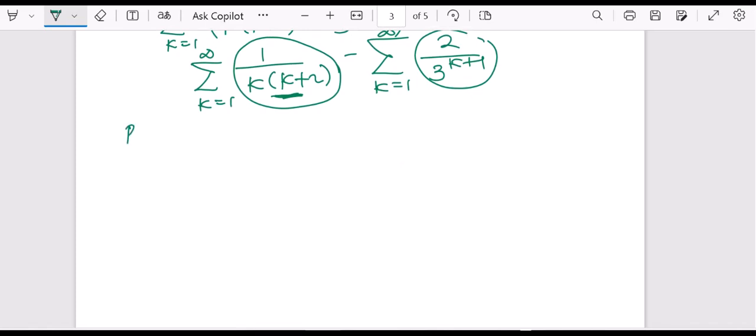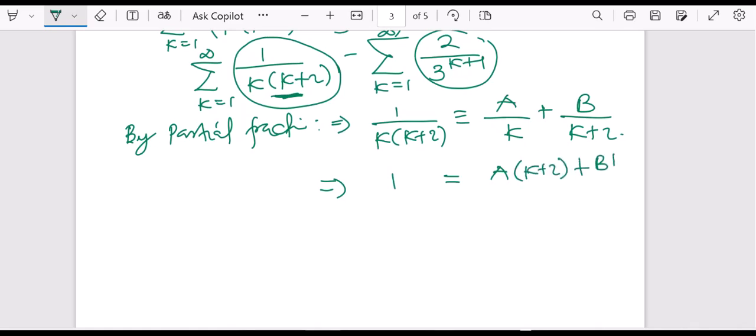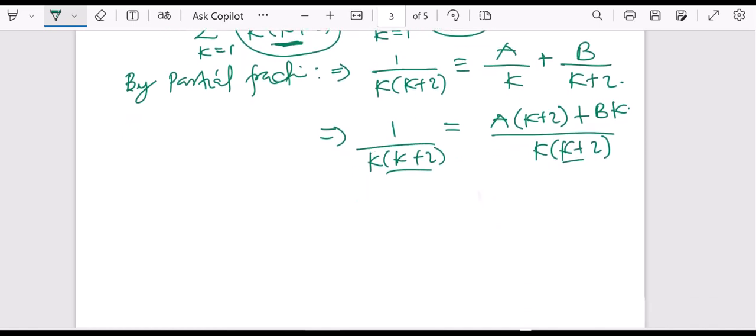So by partial fractions, we have 1 over k plus 2 equivalent to a over k plus b over k plus 2, and this will imply 1 equals a times k plus 2 plus b times k, over k plus 2 on both sides. Since the two sides are the same, we equate the numerators.